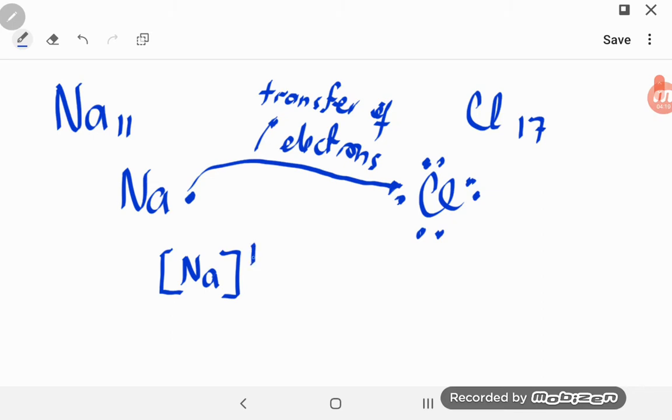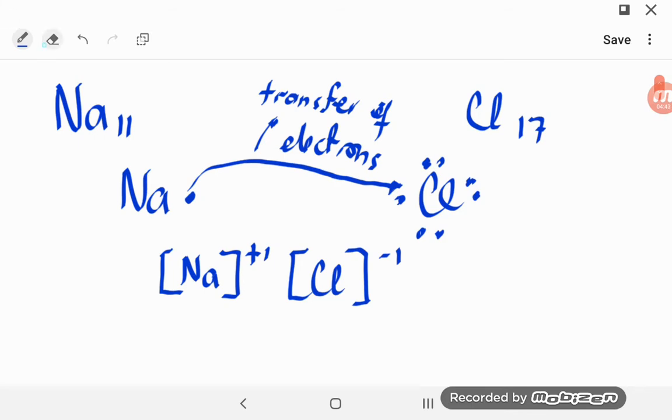We have here positive 1 because it lost 1 electron, meaning it is now charged as positive 1 because it has an excess of 1 proton, while chlorine, attaining an octet, will be like this. Chlorine now has more electrons, so it's negative 1. So that is now the ionic bonding between sodium and chlorine.